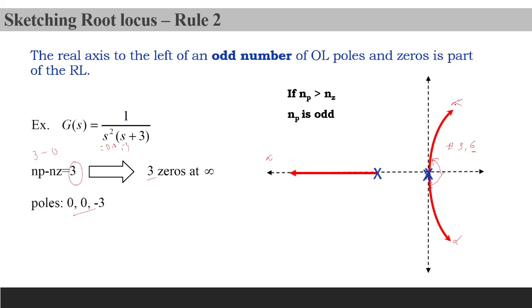Although there is one more interesting question which I want to address at this point: why can we not connect directly to infinity, overlapping this line? That's against the rule, right? We want to be very careful that if I want to connect some pole with some zero, this root locus does not intersect with any other root locus, and does not intersect with any other pole or any other zeros.